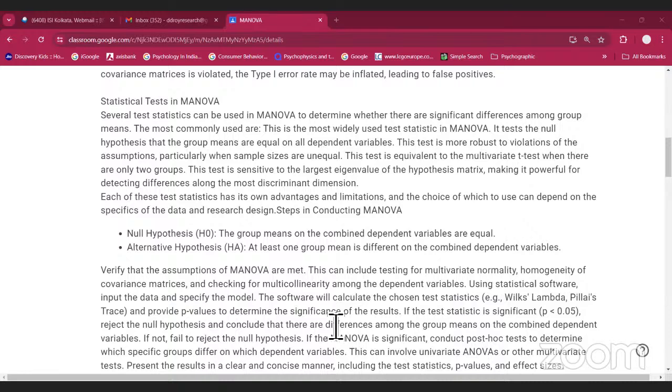Okay, next. Sir, is MANOVA used in the experimental study? Yeah, definitely, you can use MANOVA in the experimental study. You can use MANOVA for the survey research too, when there are different groups and you are thinking that the group has an effect on the set of dependent variables.